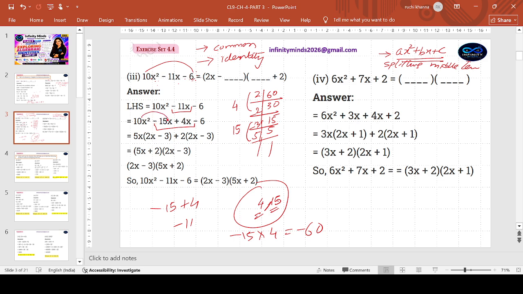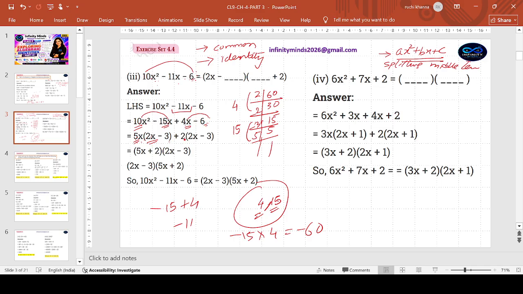Now, step number 2, take common from groups of 2 each. From this, 5x will come common. You understand? The number coefficient will come common, and from x squared and x, x will come common. Now 5 into what can give you 10? 5 into 2, x into x, 2x minus 3 into 5 plus 4x and minus 6.